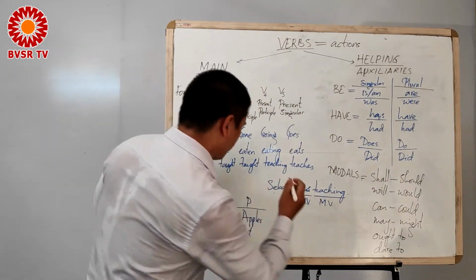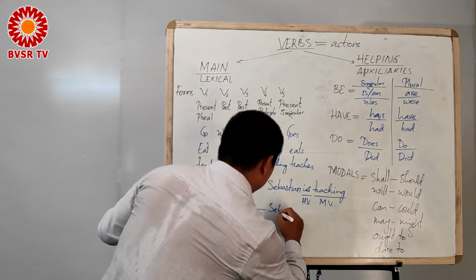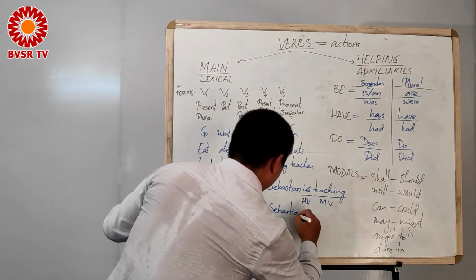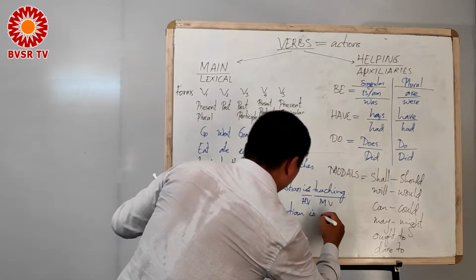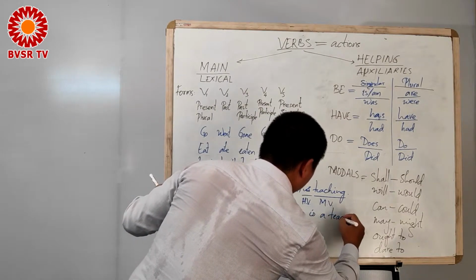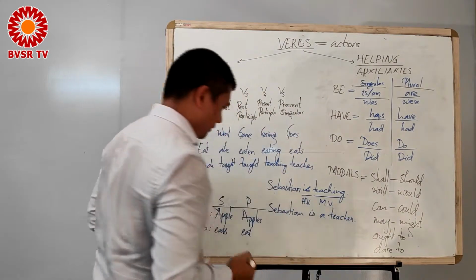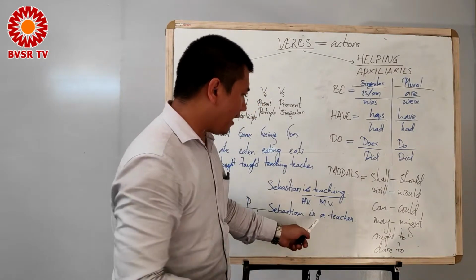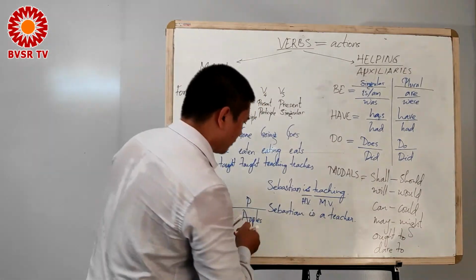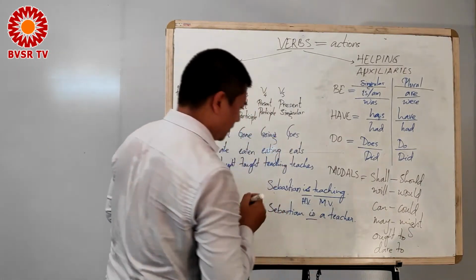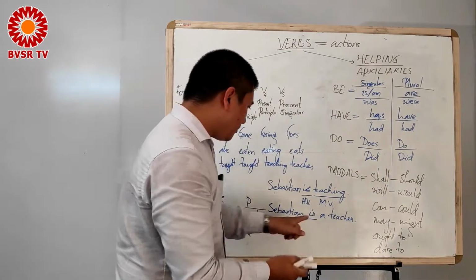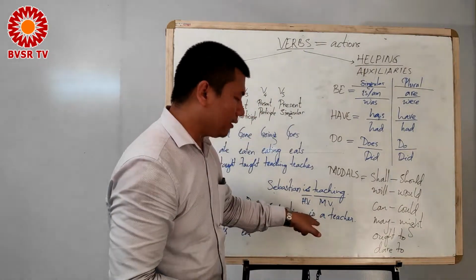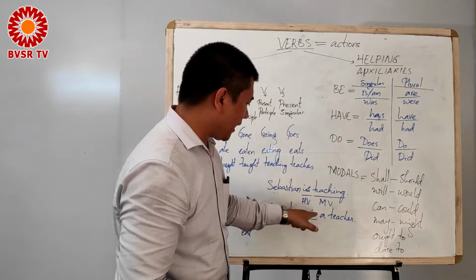Now if you say Sebastian is a teacher, then in this case we don't have a main verb, we only have a helping verb as of now. But since this helping verb is not helping a main verb, we don't call it a helping verb.